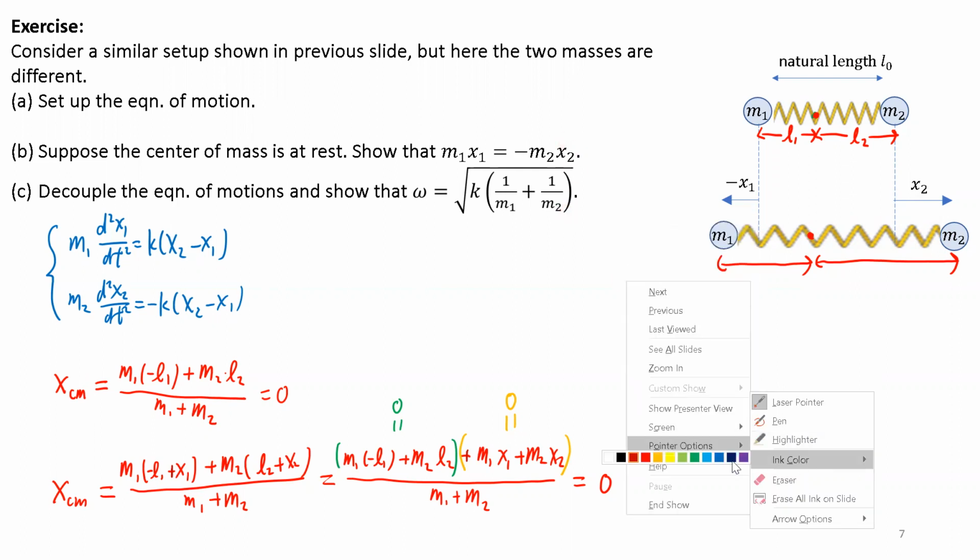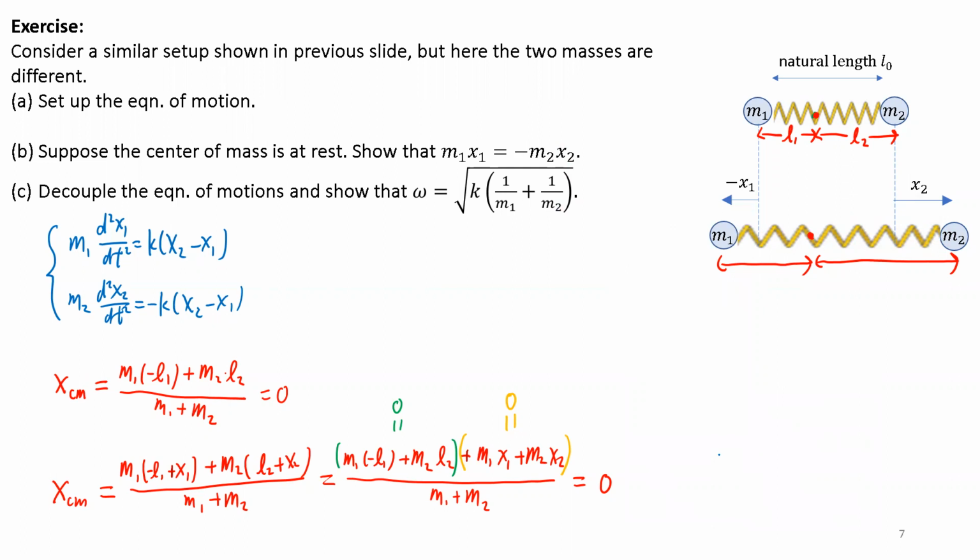Let me label it here: this side is the positive direction. That is to say, this x2 will be positive.